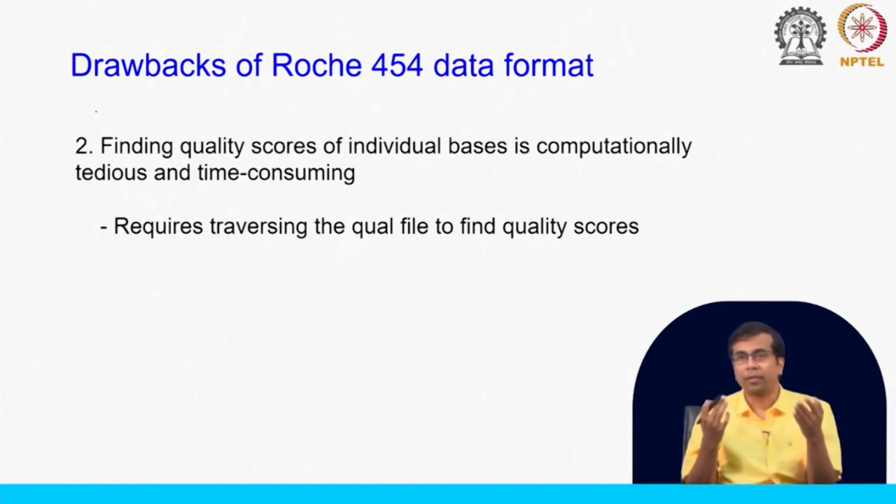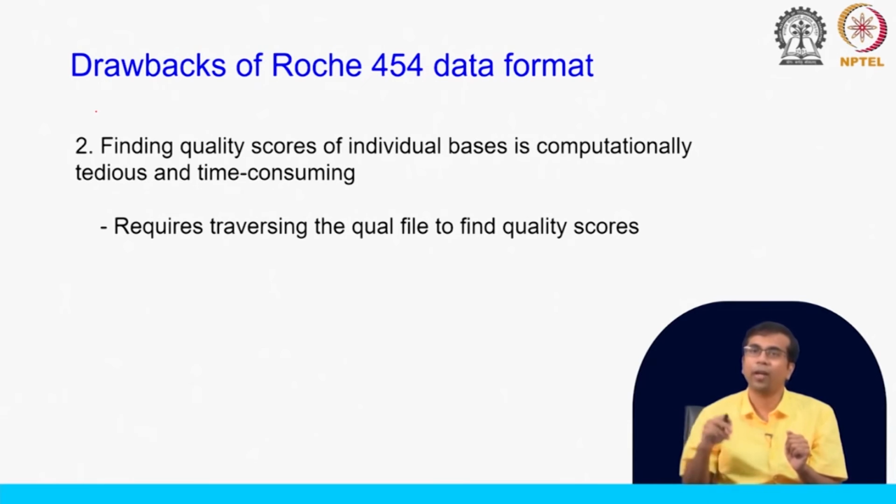What about the reads that come at the end of this file? If there is a read at, let us say, the 10,000 position, you will first read all the 9,999 reads in the other file, and only then you reach that 10,000th read. So, it is a very inefficient process.